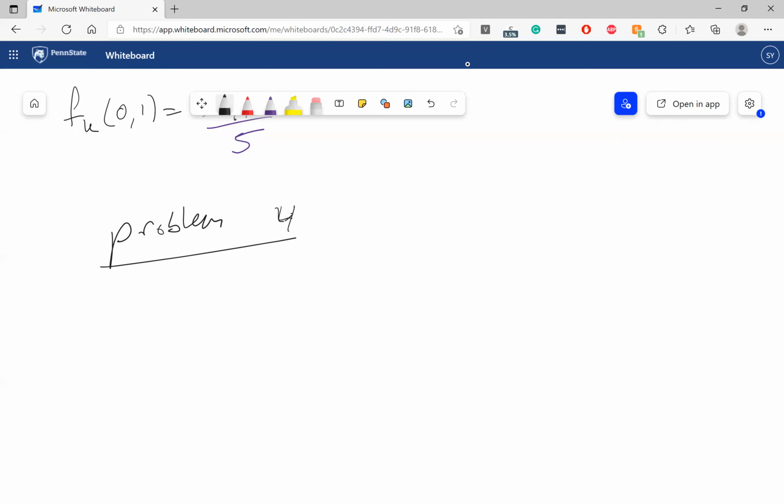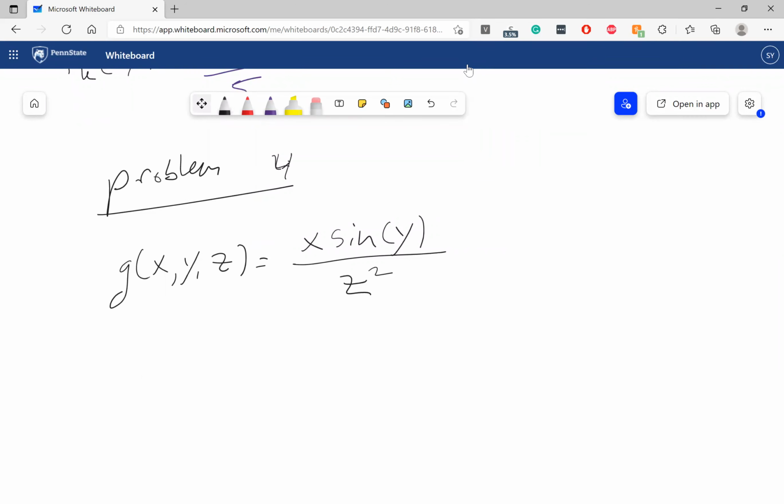So another question is g of x, y, z is equal to x sine of y over z squared. So let's try to take the partials of this function with respect to x, y, and z.